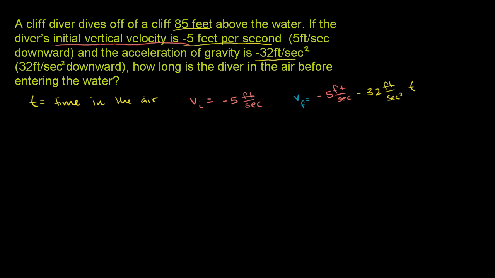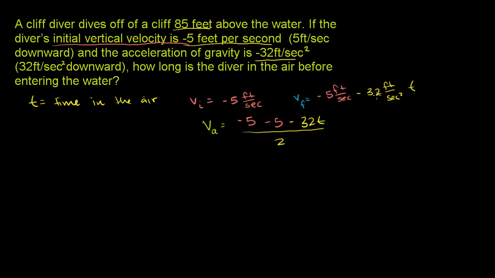We're really just learning a lot of physics here, but this will set us up with a nice quadratic equation that we can use the quadratic formula for. So our average velocity is going to be the average of those two velocities. I'll skip the units right now. It's going to be negative 5 minus 32t, all of that over 2.